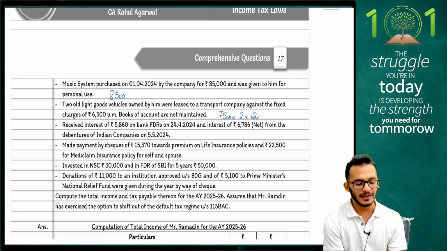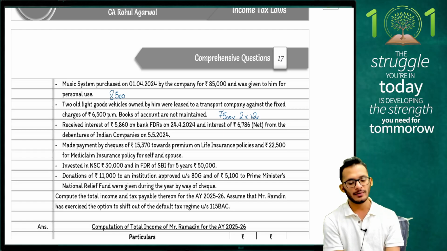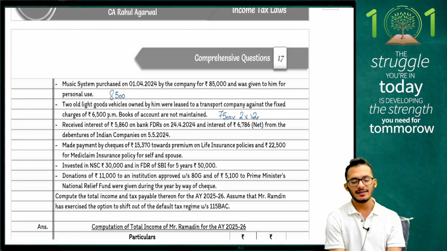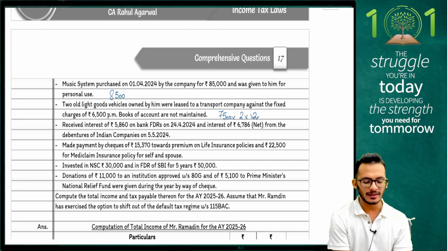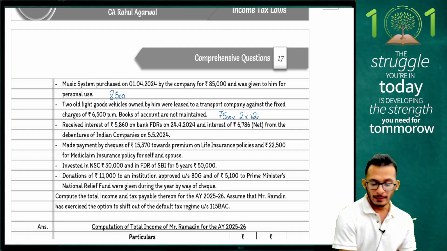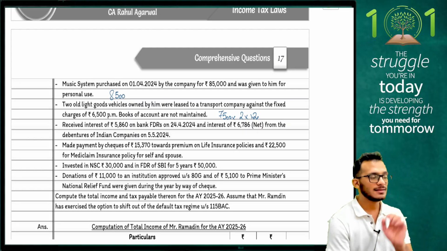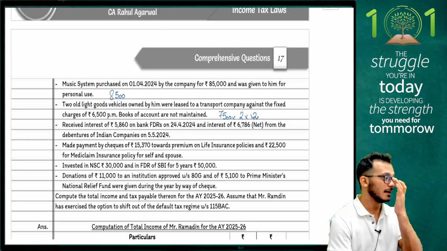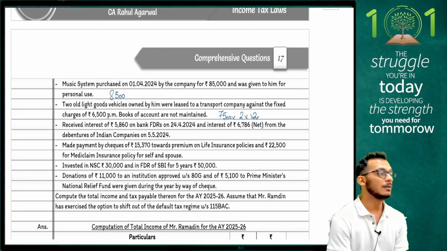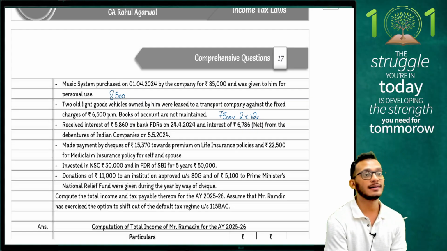Received an interest of 5,860 on bank FDRs on 24/4/2024 and received an interest of 6,786 from the debentures of an Indian company on 5th May 2024. Now people, one thing to be kept in mind, this is something which I have not discussed till now, but I am discussing it right now. Notice the word on the right side. You have something called net. Until now we were discussing words called gross. Now you suddenly see a word called net.